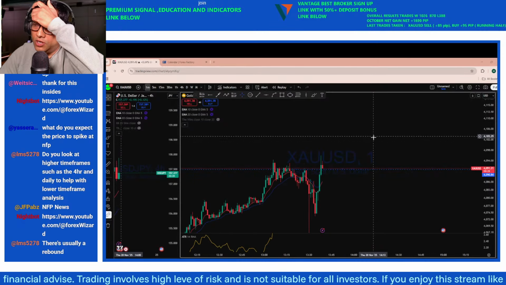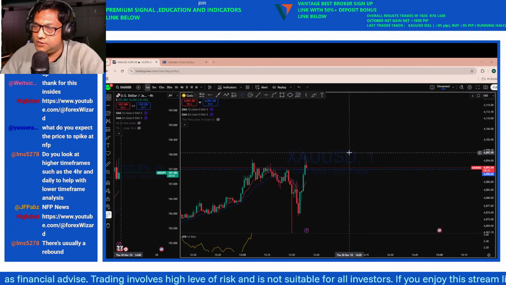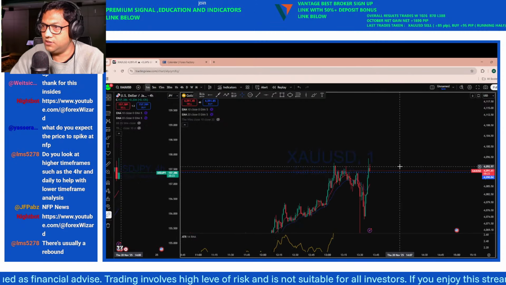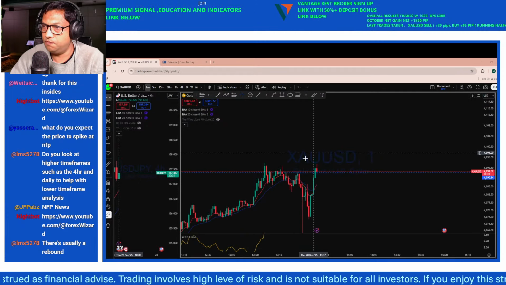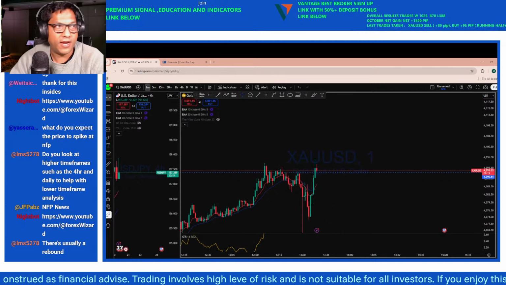This breakout that you can see here, it's one single bounce back to the upside without a proper pullback in that area.